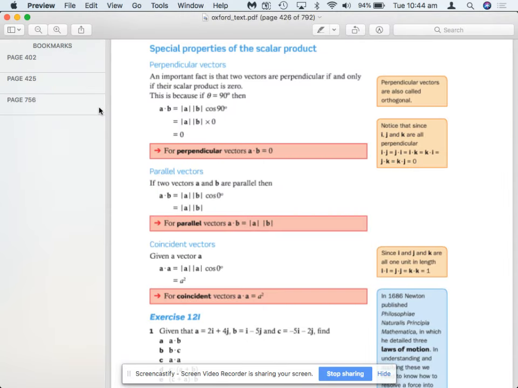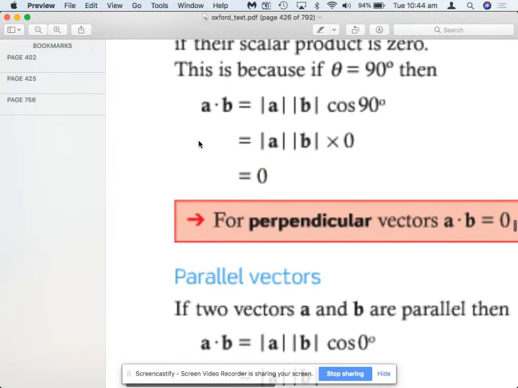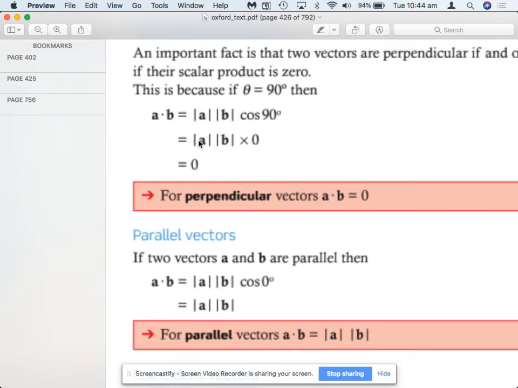What you're seeing in the textbook is an explanation as to why it is so, but how you actually use it in problems is, if the scalar product is 0, then you can just conclude that they're perpendicular.